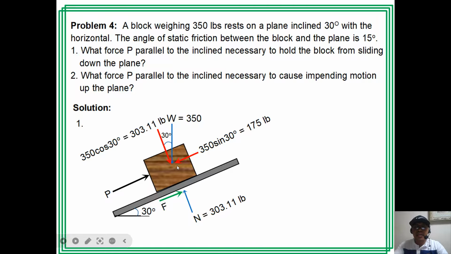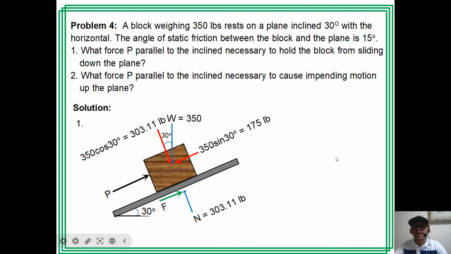Without P, the block will slide down due to this component of the weight, so the friction will resist. And if you check later, the friction is less than 175. That is why we need a force P to hold the block from sliding down.